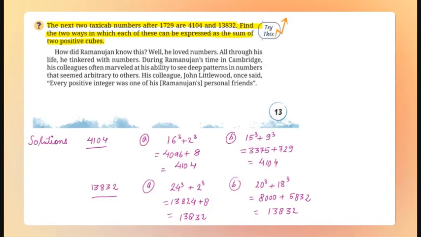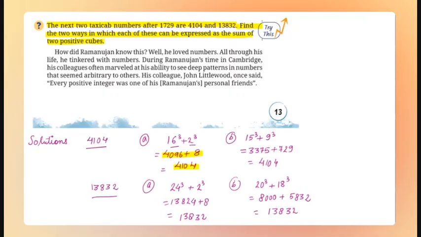Now we have to represent them as the sum of two positive cubes. So 4104 को we can also say 16 cube plus 2 cube. जब आपने 16 क्यूब किया, the result came as 4096 और 2 क्यूब किया तो 8 आ गया और इसको ऐड करके 4104 आ गया.